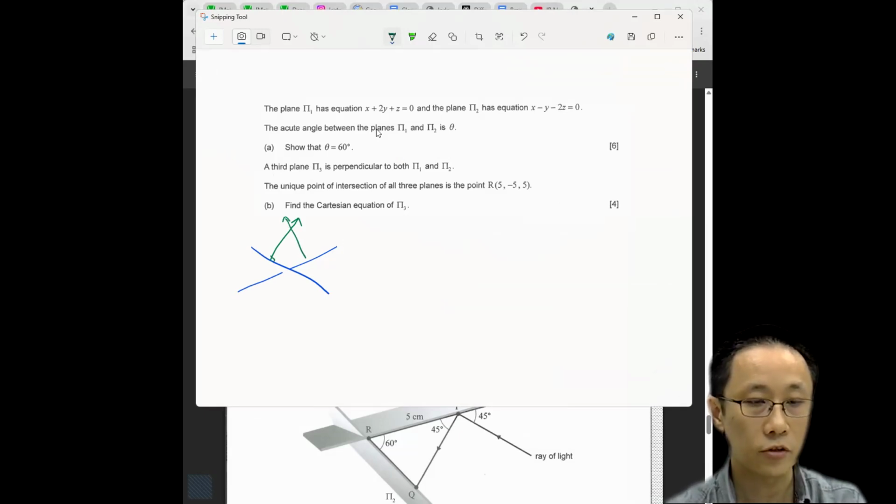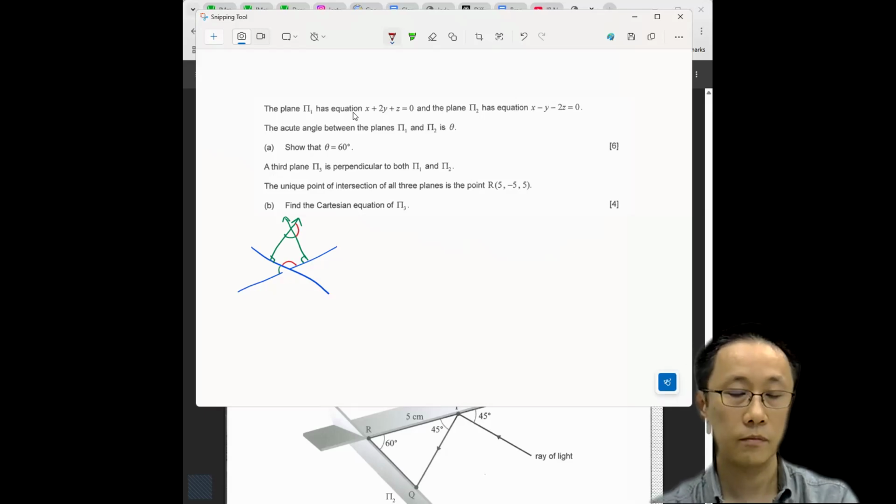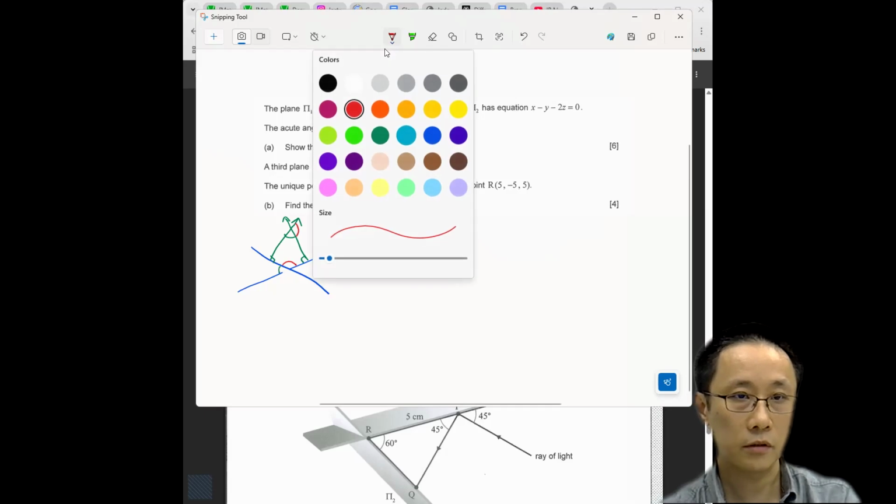You can use a whole bunch of angle geometry to justify why this angle equals this angle, and this obtuse angle equals this other obtuse angle. So you're basically trying to find the angle between the normal vectors, which can be achieved by just taking the dot product.